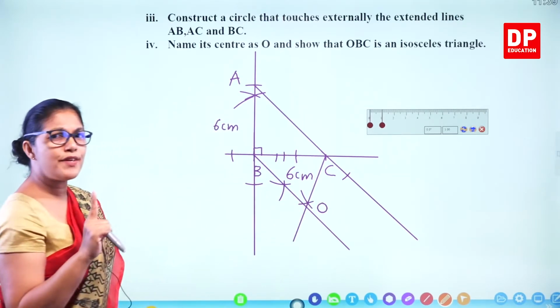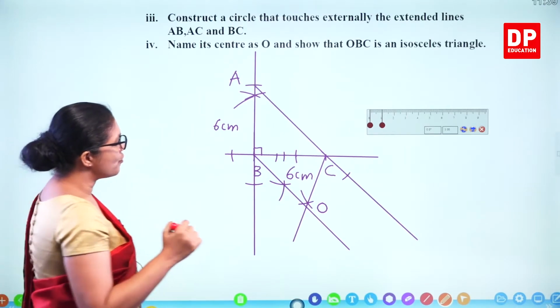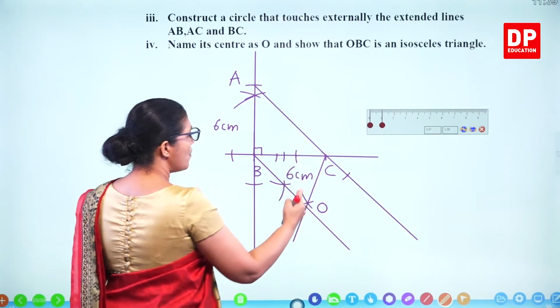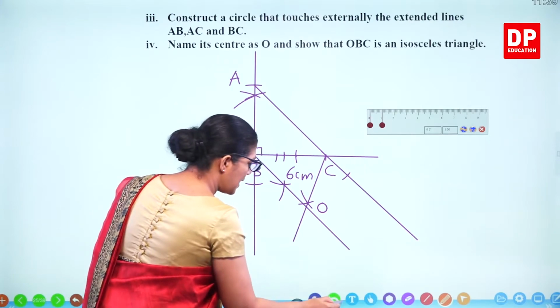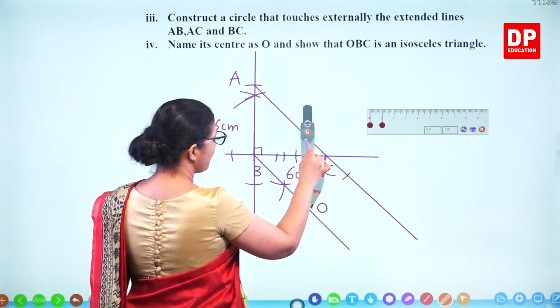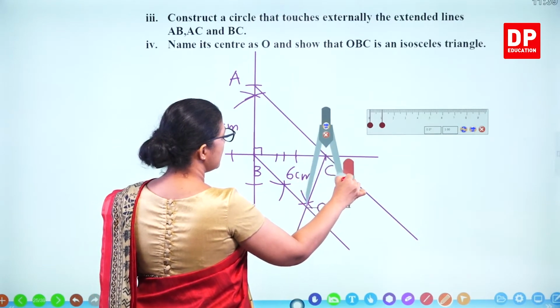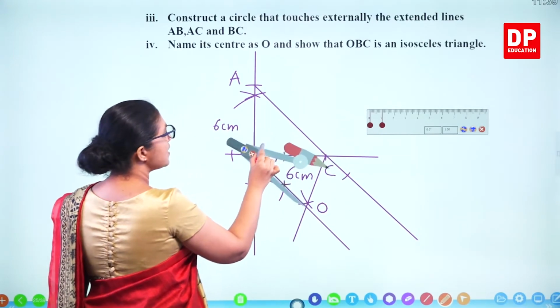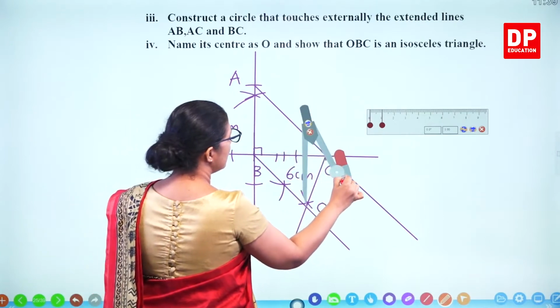Now how do we find out the radius? You need to draw a perpendicular from O. So we'll take BC and draw a perpendicular from O. We'll take a distance and see where it cuts the BC line.